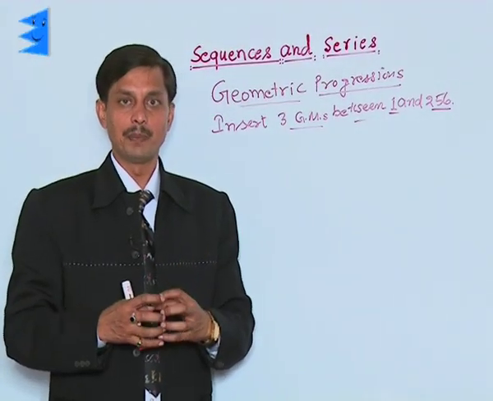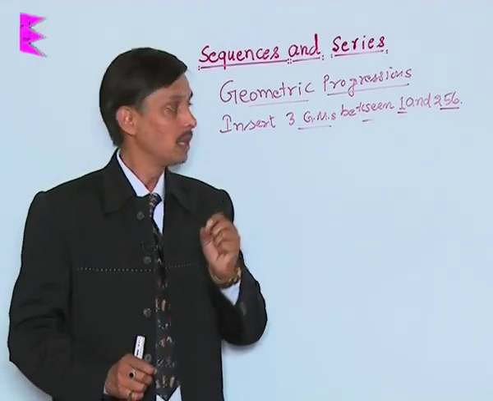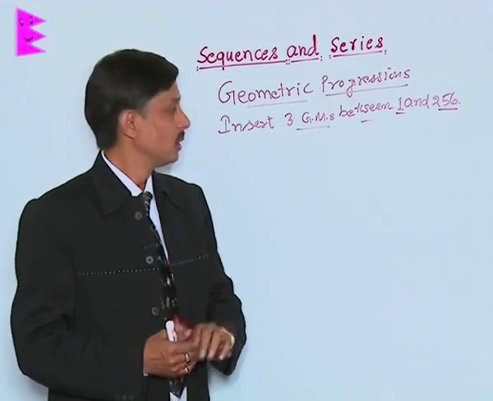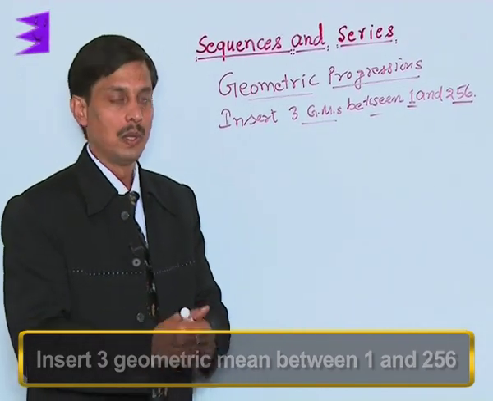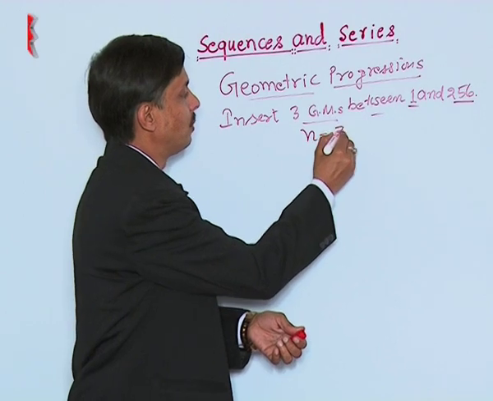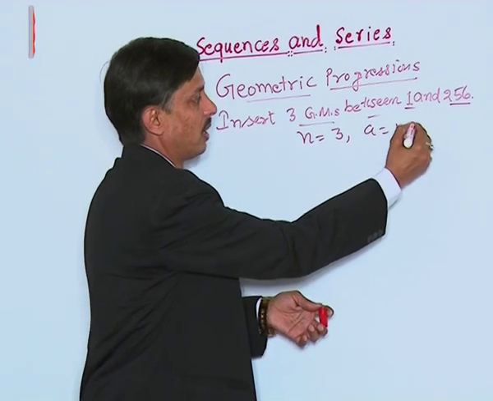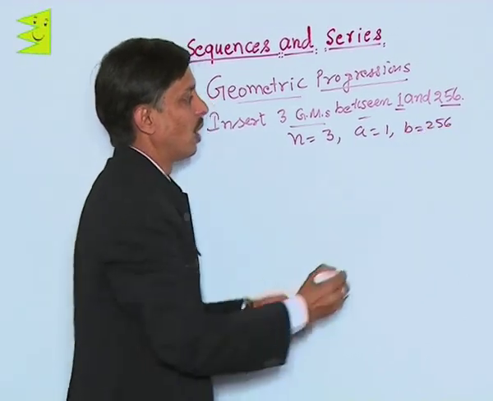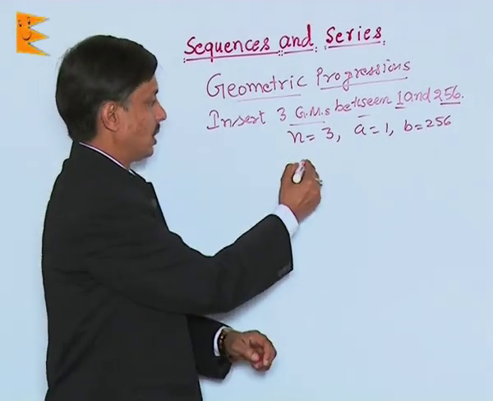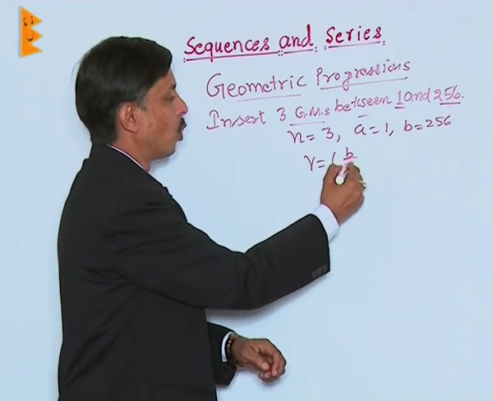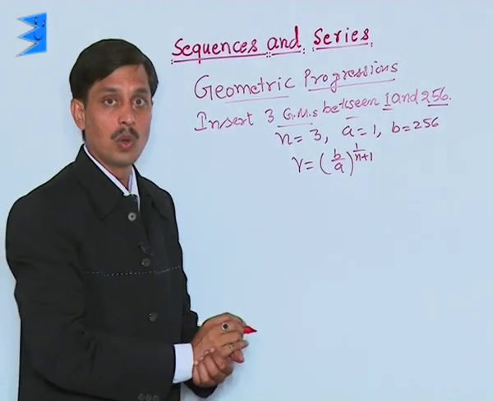Now I am taking one example where we will find how to insert geometric means between two given numbers. The question is: insert 3 GMs between 1 and 256. So n, the number of GMs we would like to insert, is 3, between A equals 1 and B equals 256. The formula for R is R equals (B upon A) to the power 1 upon n plus 1.